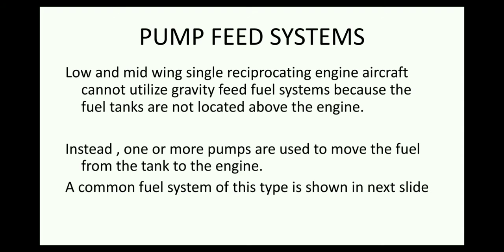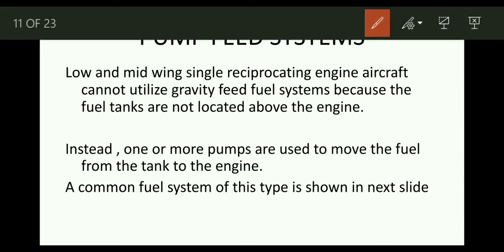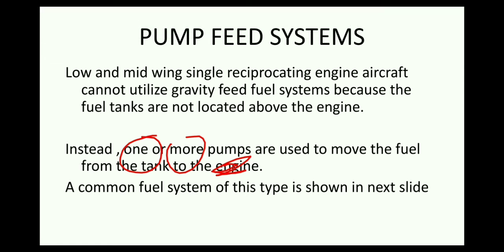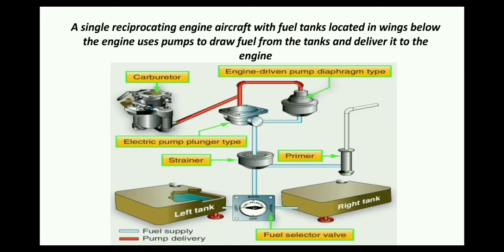If the fuel must be delivered from a low wing to the engine, the pump feed system is used. One or more pumps are used to move the fuel from the tank to the engine. The common fuel system of this type is shown in the next slide.